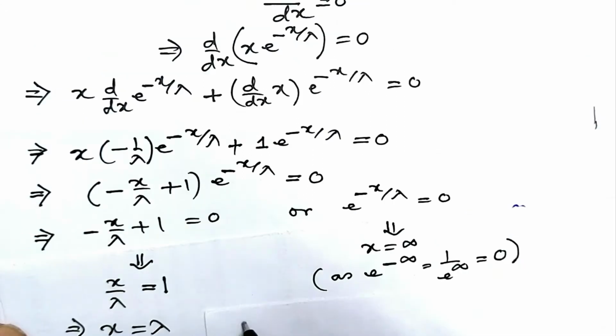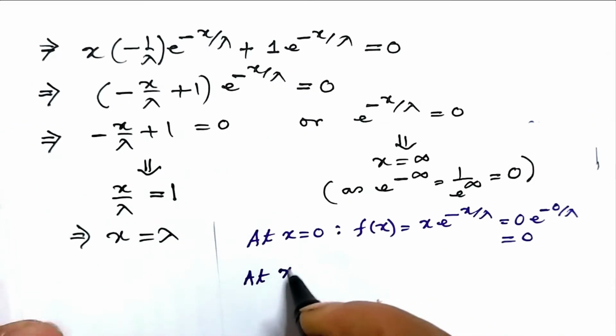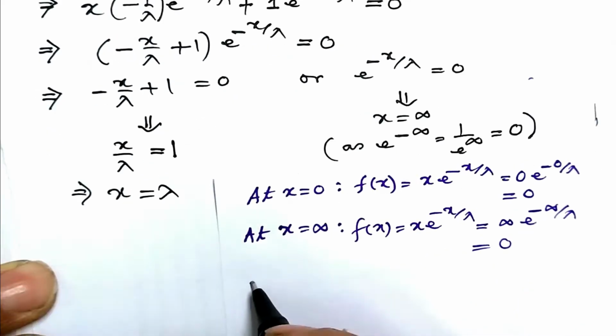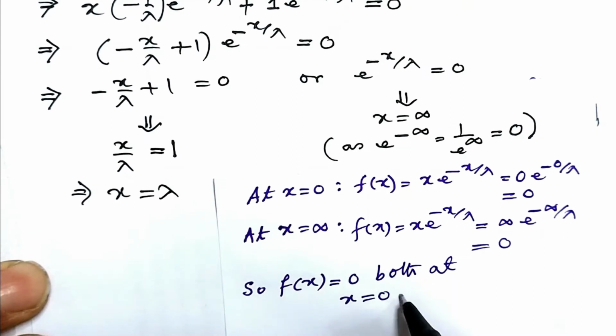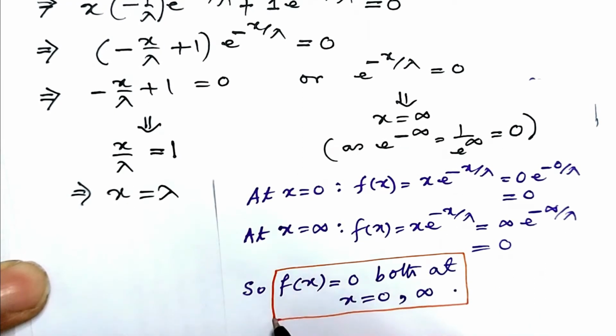Should we accept this result? Let's argue. At x equal to 0, f of x is 0, and at x equal to infinity, f of x is also 0. So f of x is 0 both at x equal to 0 as well as at infinity. What does this lead to? F of x is not 0 everywhere, but becomes maximum, so to say, lifts its head up somewhere in between 0 and infinity.